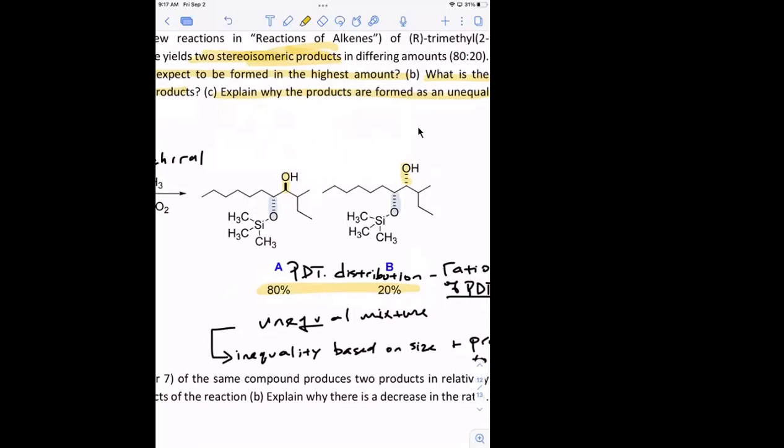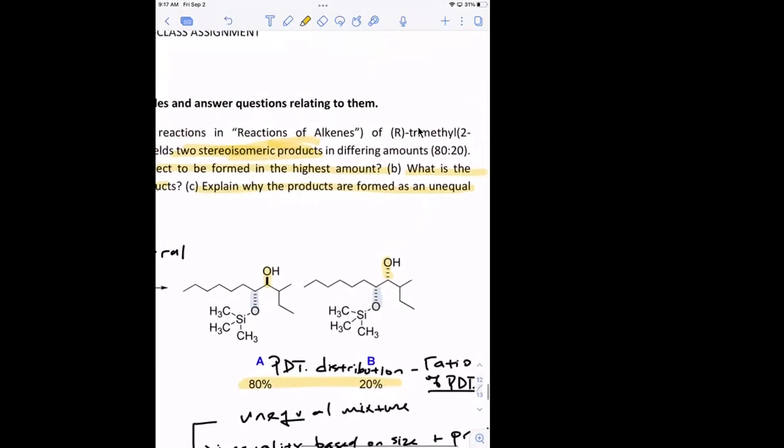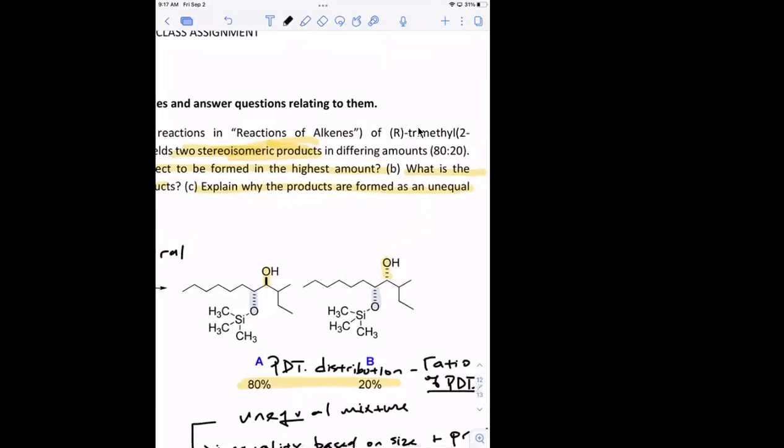No. One is coming out of the page, one is going back into the page. But are they mirror images? No, they're not mirror images. So what's the term that we use to describe stereoisomers that are chiral but are not mirror images of one another? Diastereomer. Good, excellent. They are diastereomers. So that'll be the answer for B. That these are diastereomers.